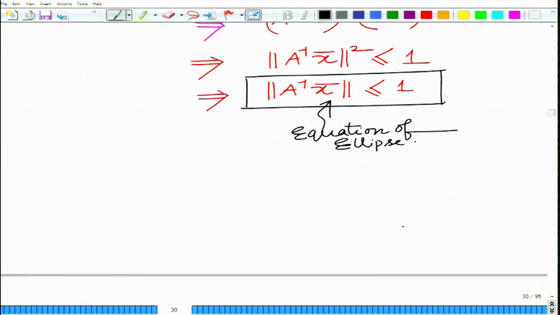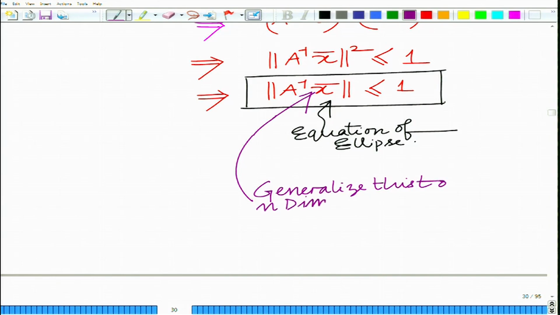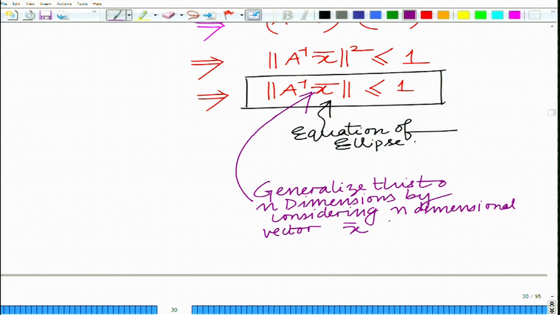Now you can generalize this to an ellipsoid by considering an n dimensional vector x bar.